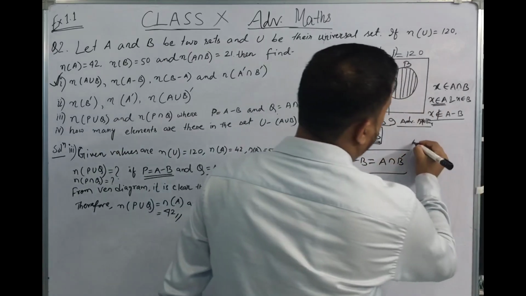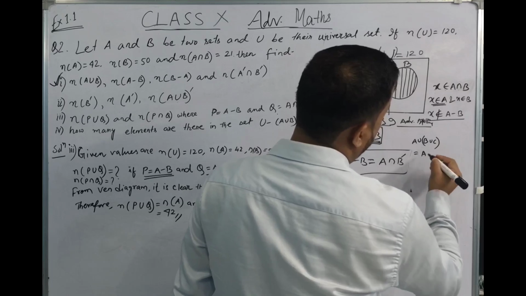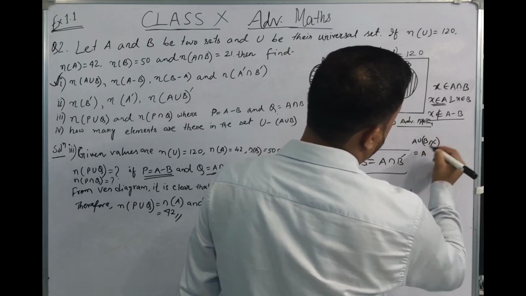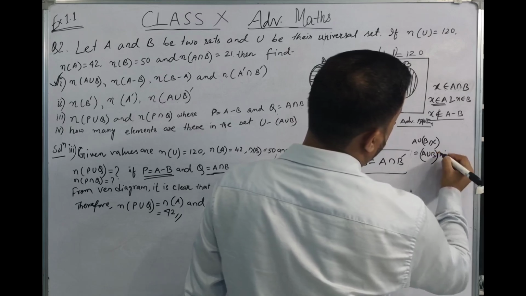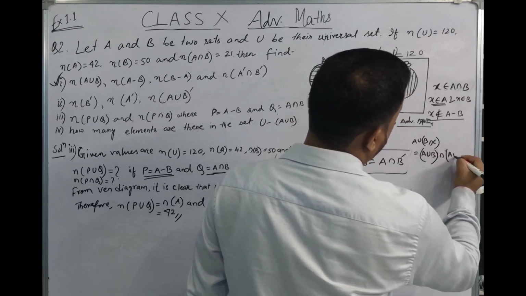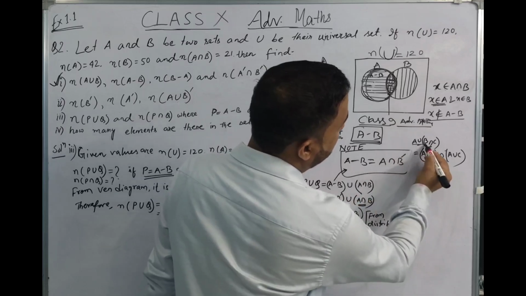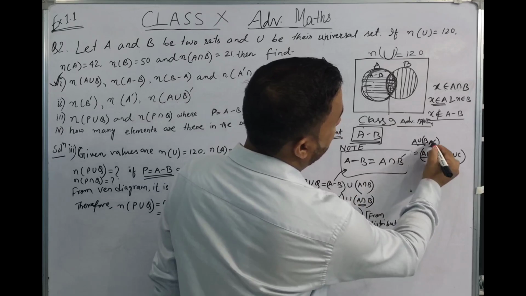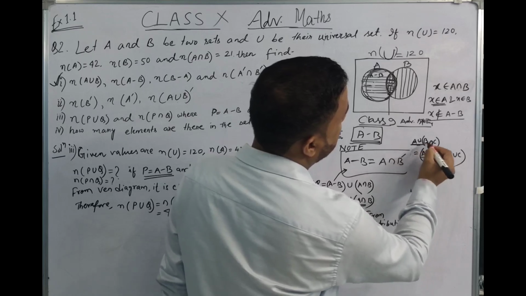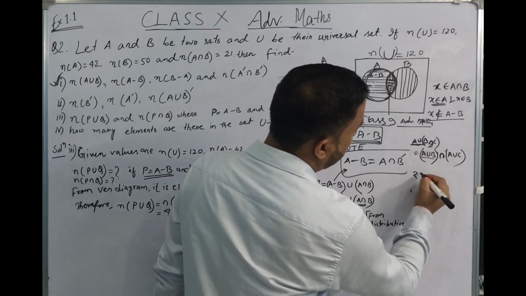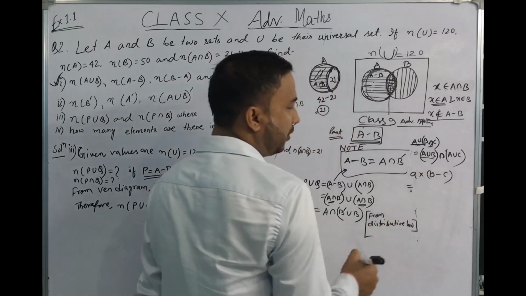A union, bracket, B intersection C, equals A union B, intersection, A union C. If it is union and in bracket there is intersection, then you take A union B, and whatever is in the middle, intersection, you take it as intersection and again A union C. As it was A into B minus C, what will it look like?